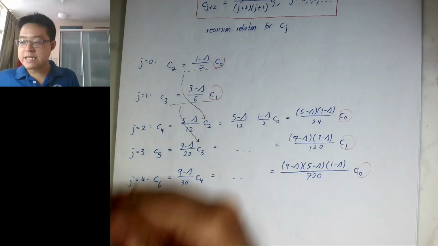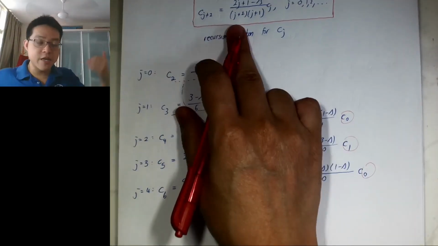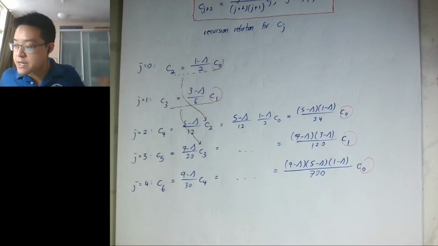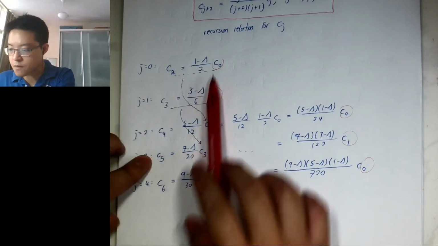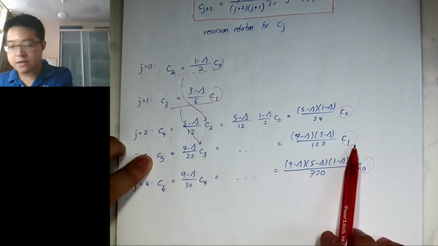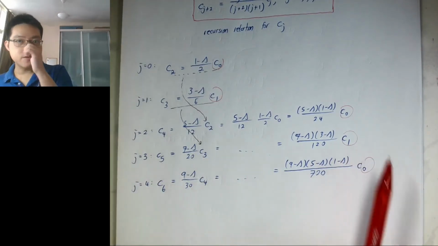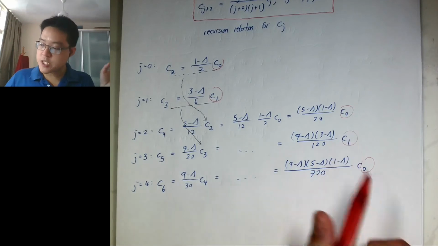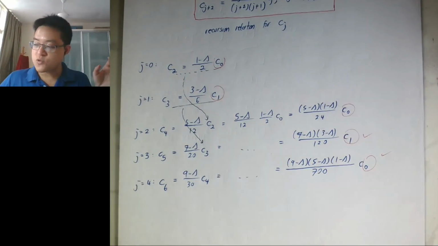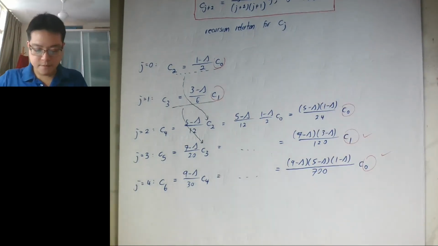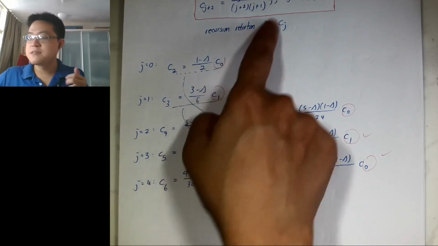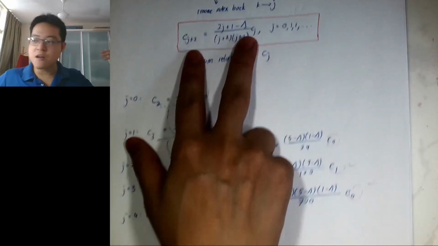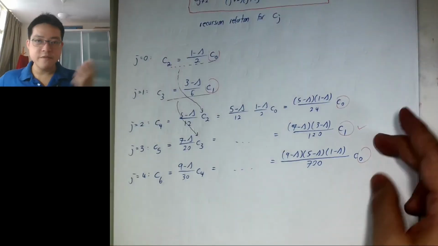So even though there are many c in our recursion relation, we can trace all the even number c to c0, all the odd number c back to c1. So our final solution just depends on these two numbers only, which we still haven't fixed yet. We still don't know yet, but at least we narrowed down. Instead of infinitely many constants we need to solve, actually we just need to figure out the two.